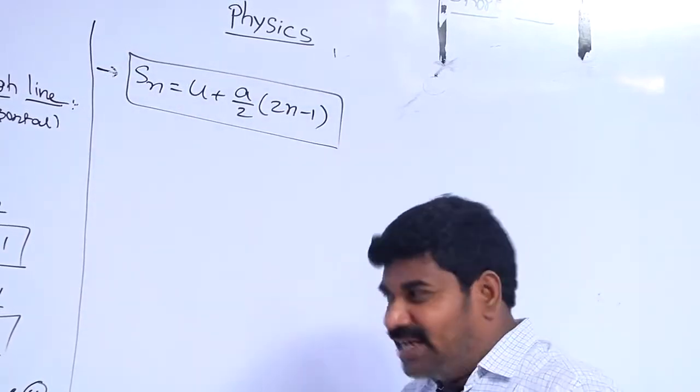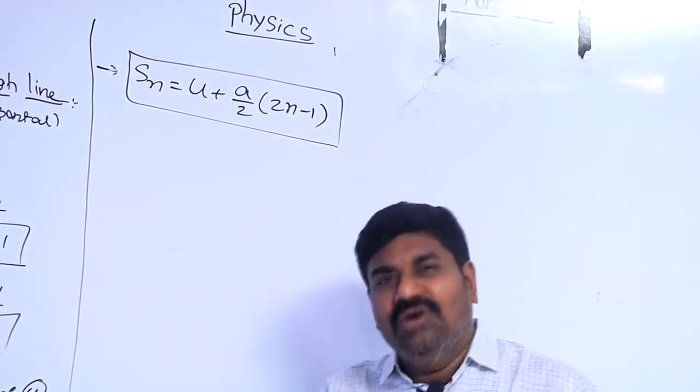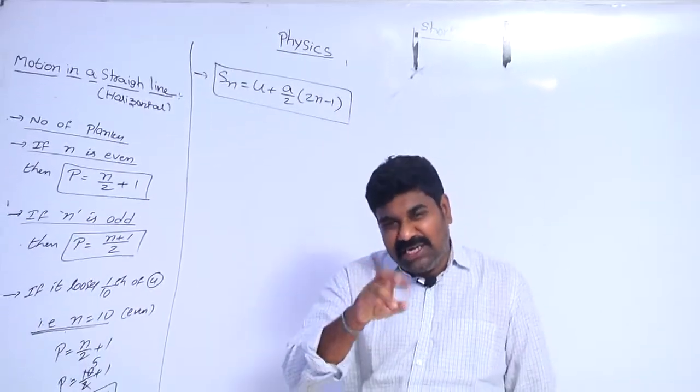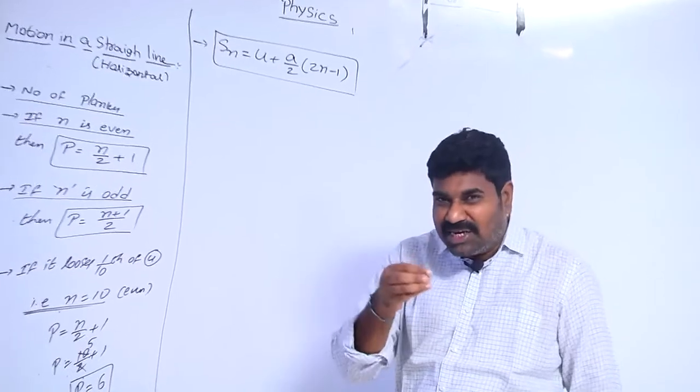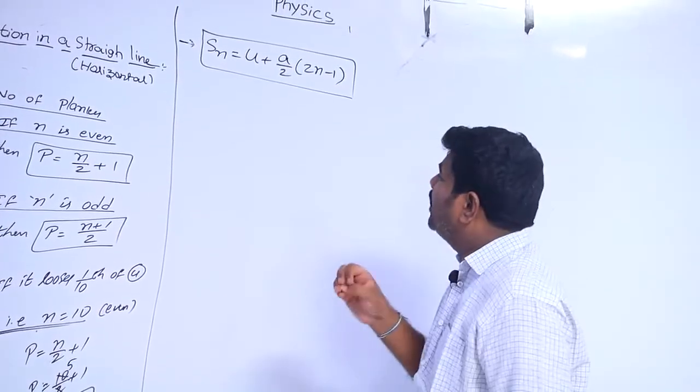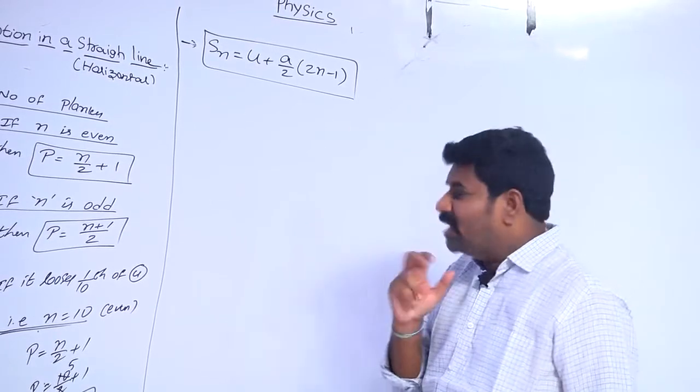Displacement in n seconds, or in 10 seconds, we use the formula s is equal to ut plus half at squared. But displacement in the nth second, or in the 10th second, we use Sn is equal to u plus (a/2)(2n minus 1).